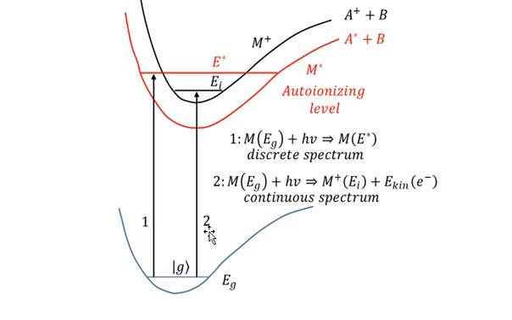Now consider transition number 2. The molecule M of Eg, that is, the ground state energy of the molecule is Eg, and a photon of energy h nu is incident on the molecule. Then the molecule is ionized, represented by M plus, singly ionized, to an energy state EI, where EI is the ionization energy of the molecule.